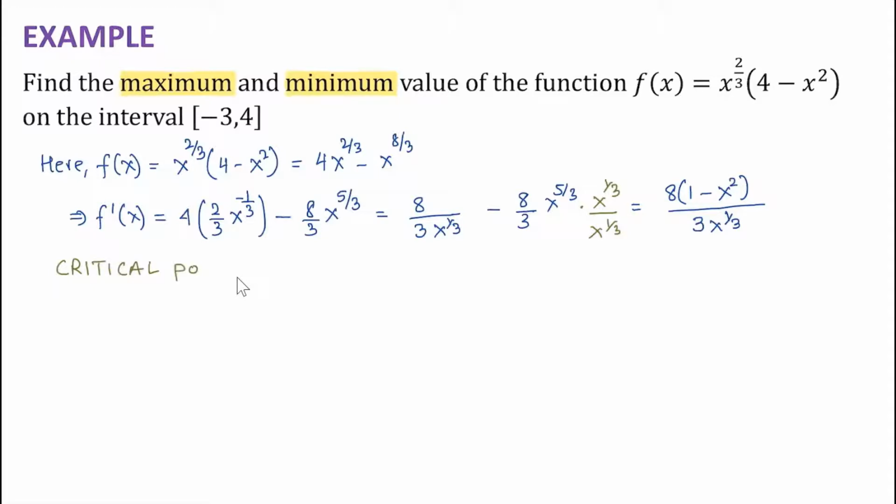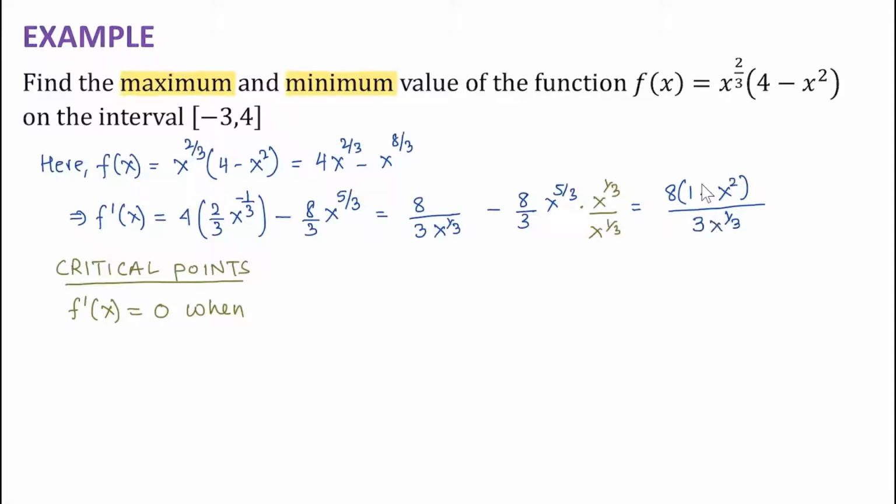Critical points. And if you remember the definition of critical points, these are the points where the first derivative is undefined or 0. So here, the first derivative, f of x, is 0.